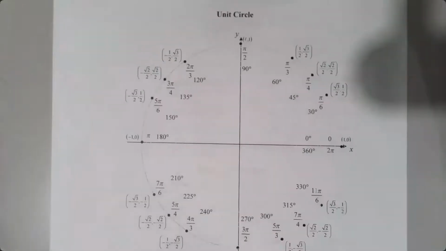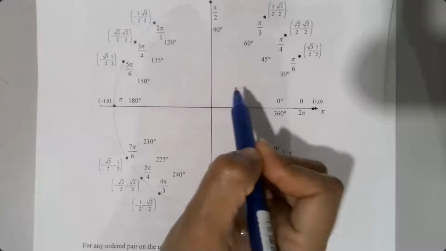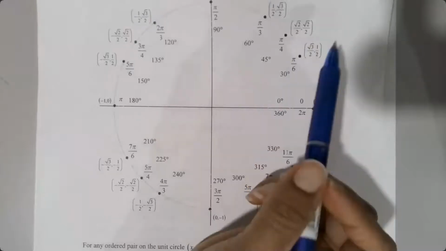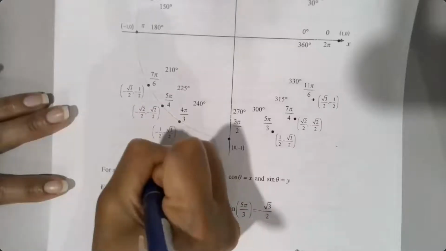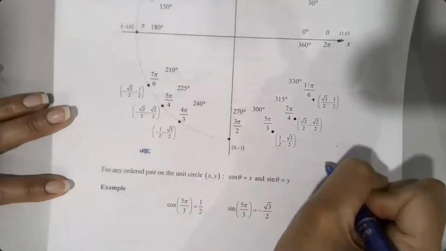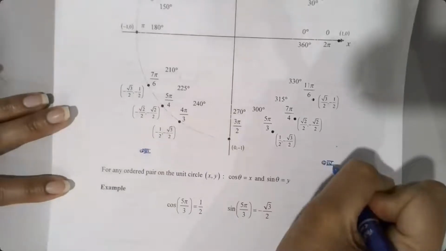Where is sine -1/2? First of all, where is it negative? Which quadrant? So because sine deals with the y-axis, negative would mean in this downwards direction. That would mean we're looking at quadrant number 3 and quadrant number 4.